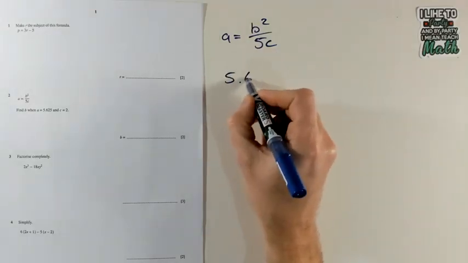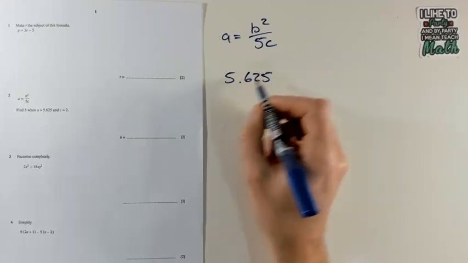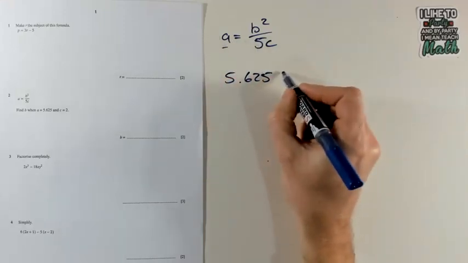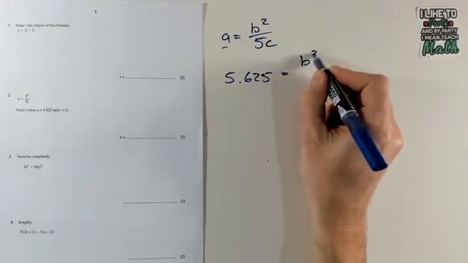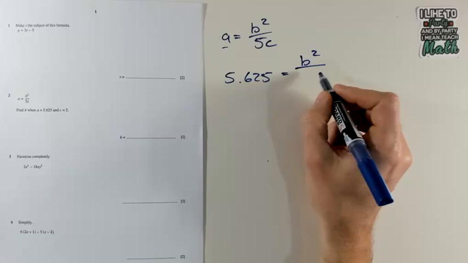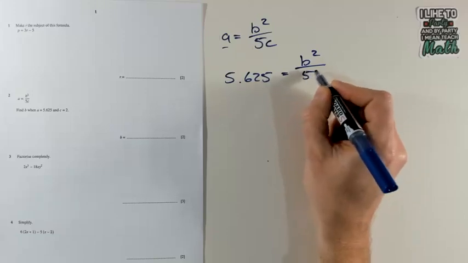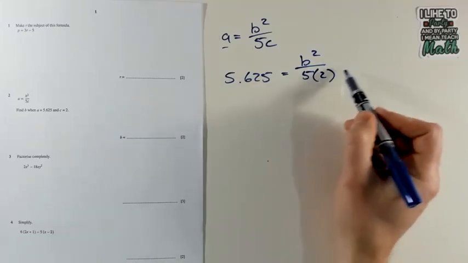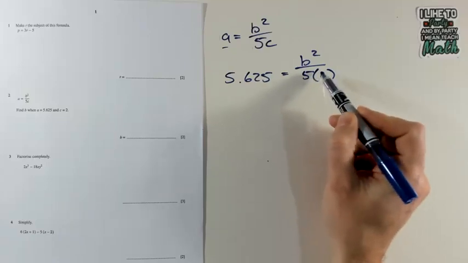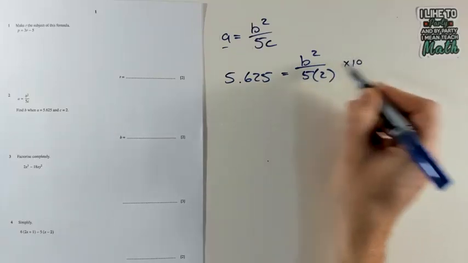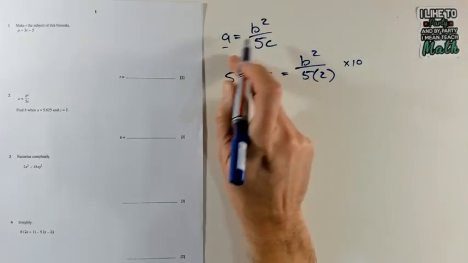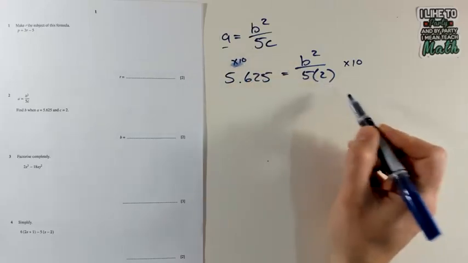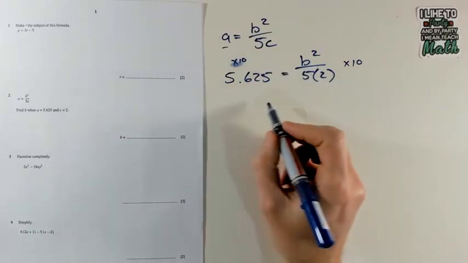So 5.625, just subbing in the A, is equal to B squared, and then we have C as 5 times 2, which is just going to be 10. So below here we have 10, so I'm going to multiply by 10 on both sides. Sorry, it's a plus. It's multiply by 10 on both sides because then the fractions disappear.